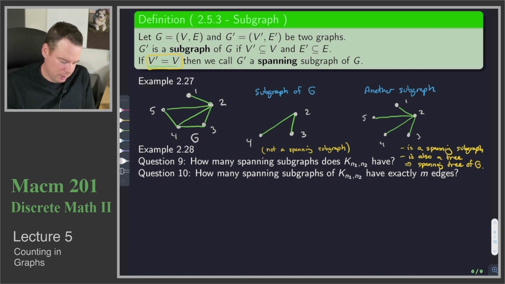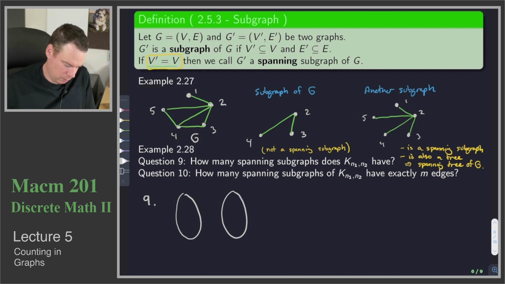How many spanning subgraphs does the complete bipartite graph K_{n1,n2} have? Well, again, it might be helpful to think in terms of a picture. So we've got our vertex set V1, which has n1 elements, our vertex set V2, which has n2 elements, and edges that connect.